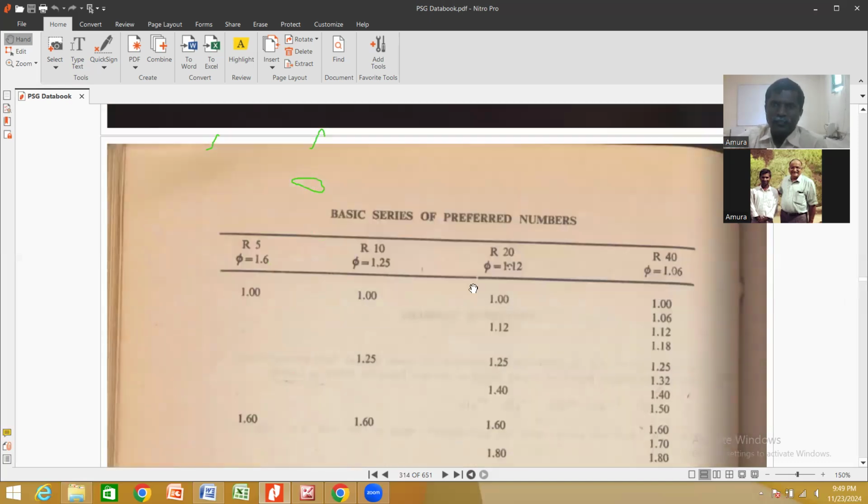Here we have a basic series of preferred numbers.